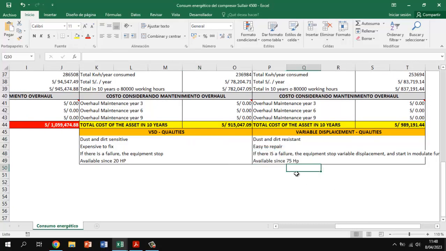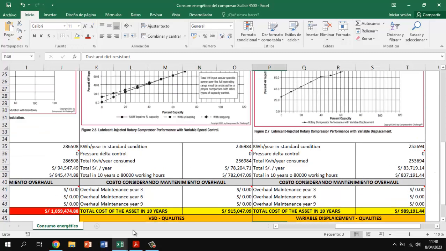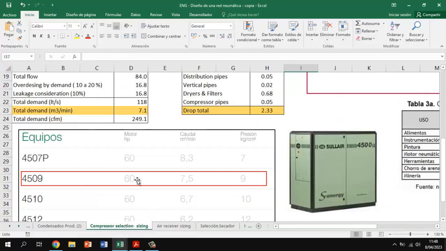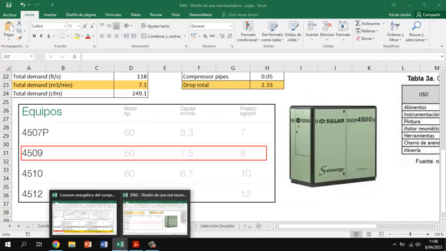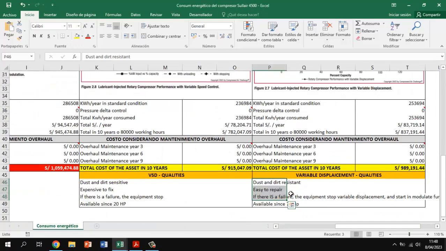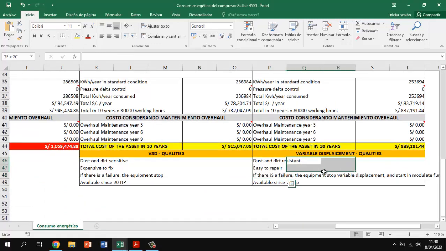So you said, I want this, yes, but remember you selected a compressor of 60 horsepower, so you cannot buy this variable displacement. And maybe if you are not in a drugs plant, or something like food, you don't need the velocity speed control compressor.